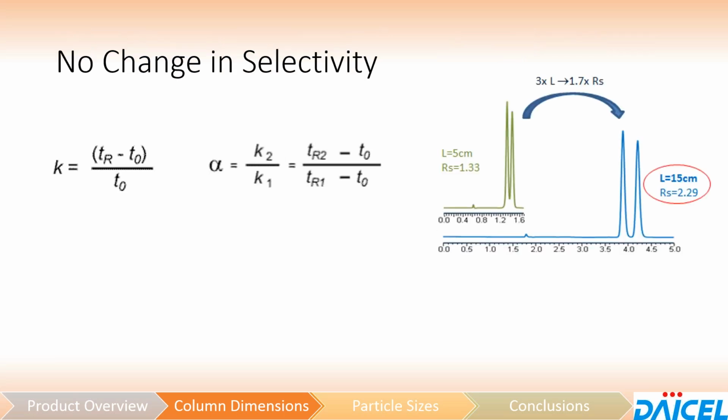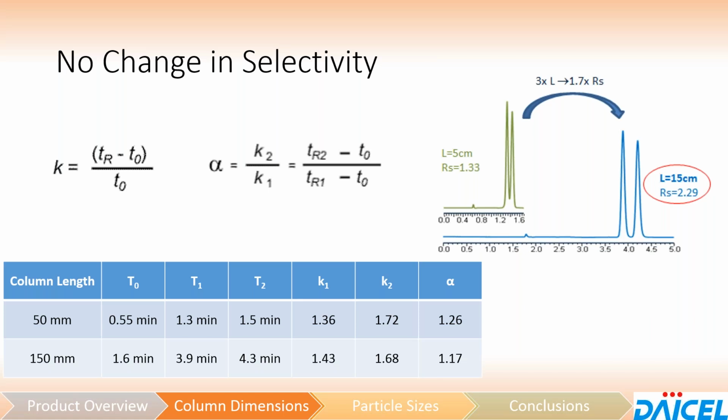It should not change as you increase the column length. To prove that out, here is that same example again, calculating the alpha values based on the previous table. You see that the alpha values are very close to each other, with differences arising from column packing and so forth.